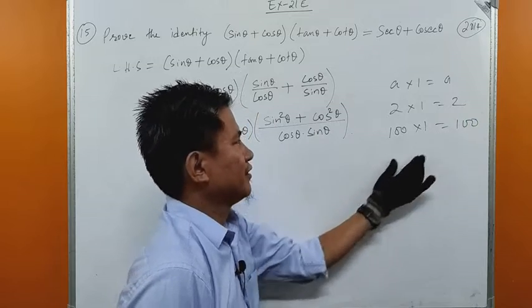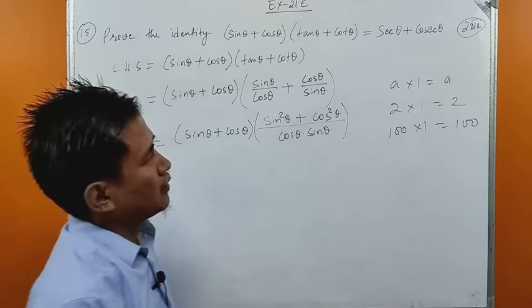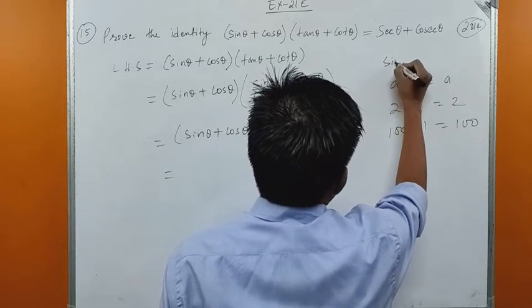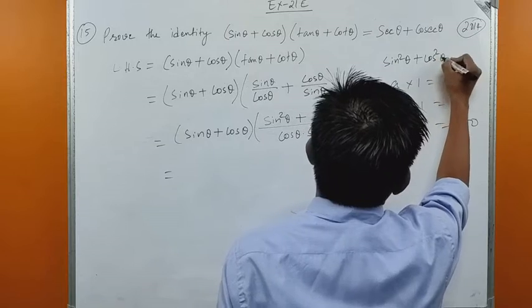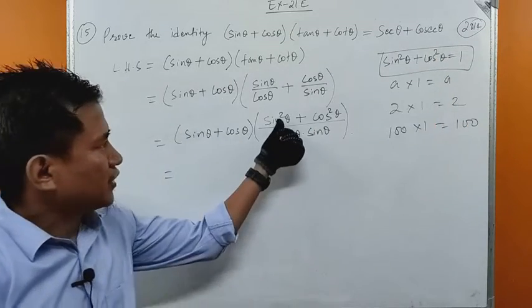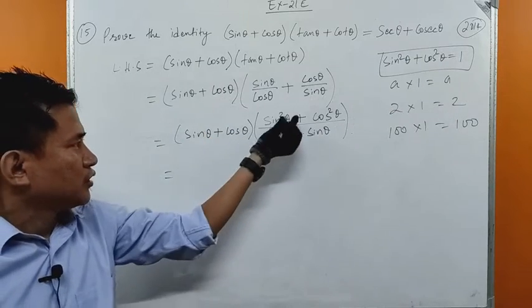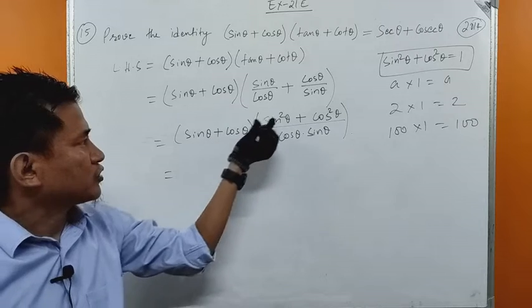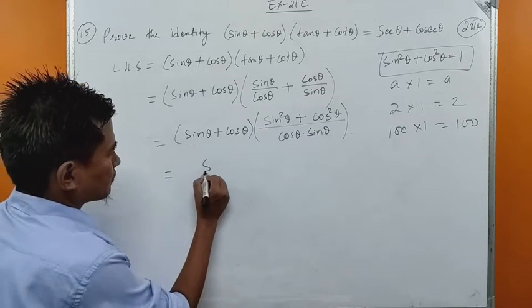We know the formula sin square theta plus cos square theta equals 1. So this is 1, and sin theta plus cos theta into 1 is sin theta plus cos theta.